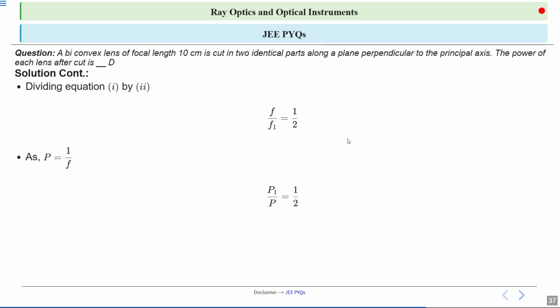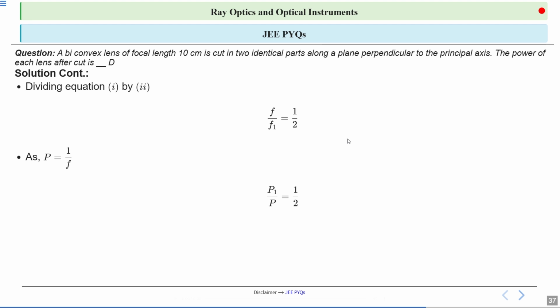So P equals 1 upon F, P1 equals 1 upon F1. Since focal length is the reciprocal of power, the ratio will be reversed for power.